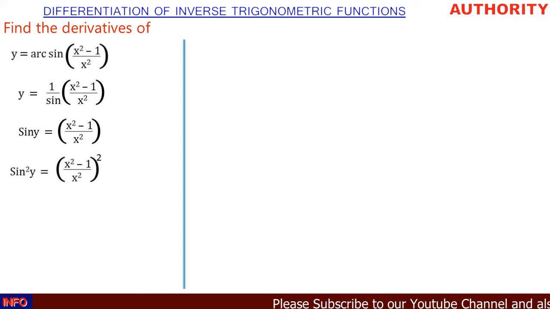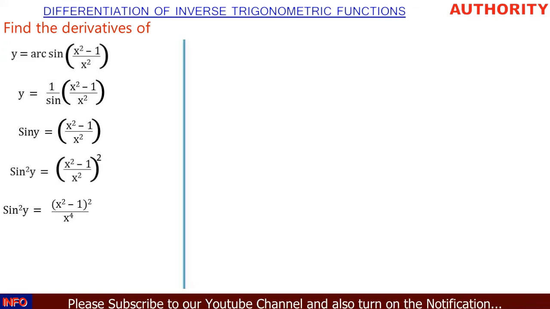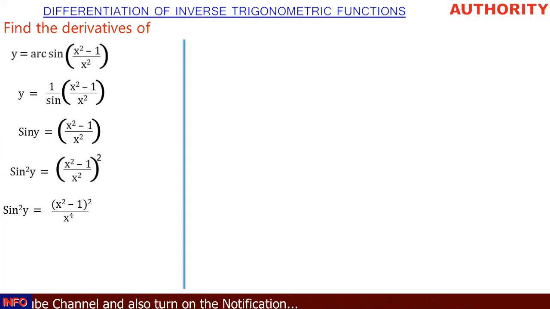So if you open this bracket, this squared is going to be distributed to numerator and denominator. So to numerator, we're going to have (x squared minus 1) squared all over x squared squared. The x squared squared is x raised to the power 4. Is that true? Yes. In our numerator, we have (x squared minus 1) in bracket squared.